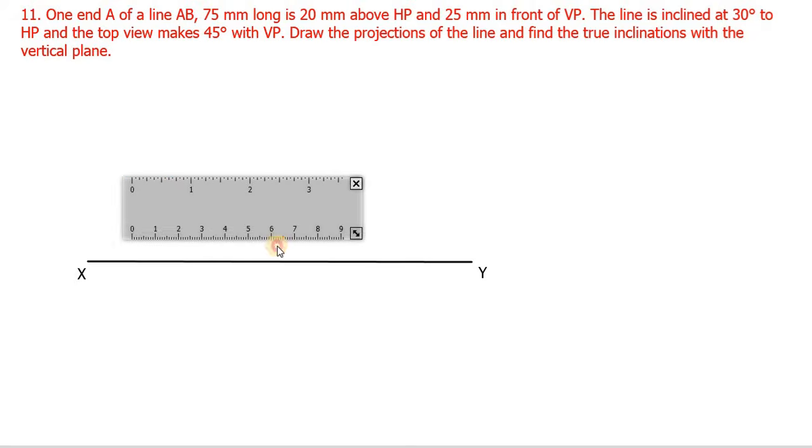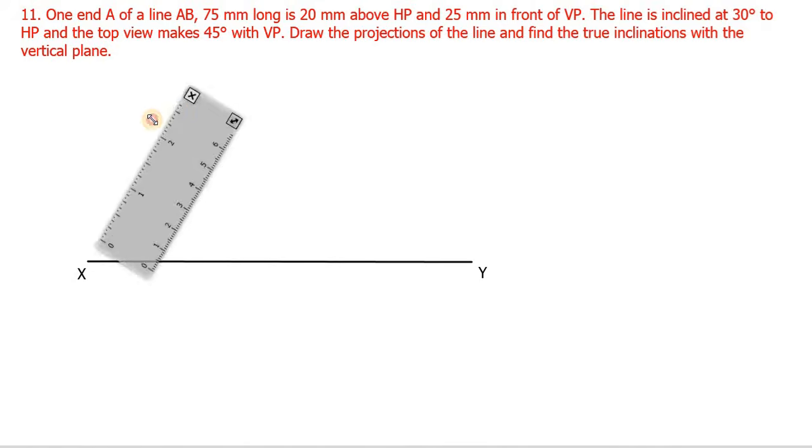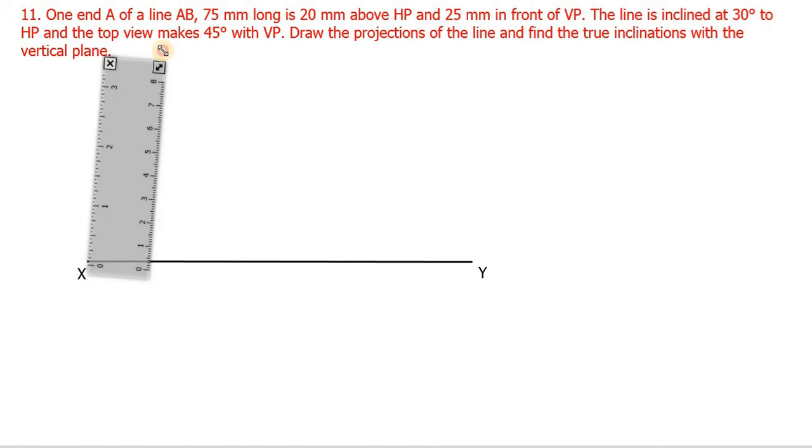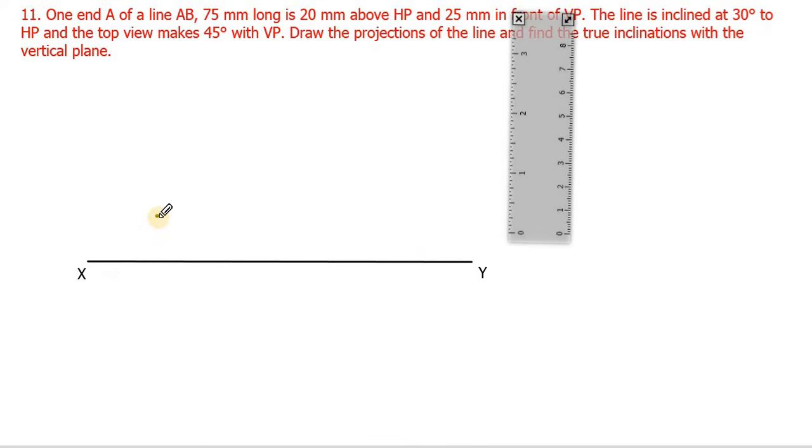Take the scale. Measure 20 mm above XY. We can mark anywhere above XY, so I am marking here. 10, 20, it will be here. We can name this point as A dash. Then it is given that the same point A is 25 mm in front of VP.